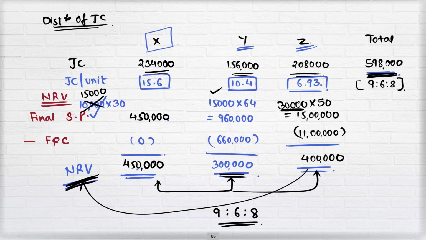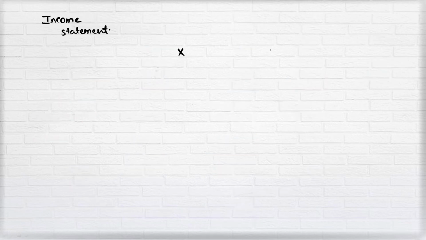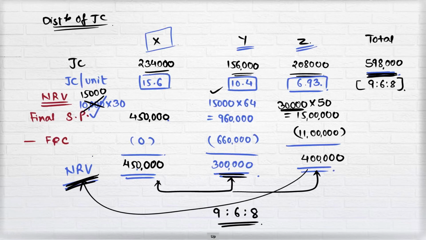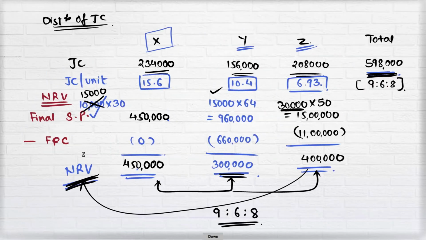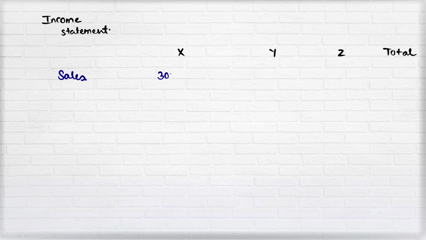So, I am preparing my income statement. There are three products X, Y, Z, total. I will be finding out sales. X sales will be 15,000 into 30.